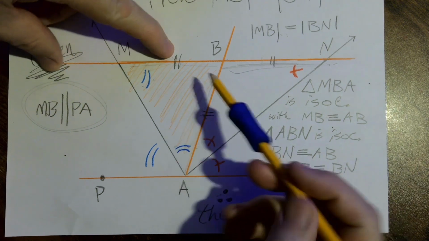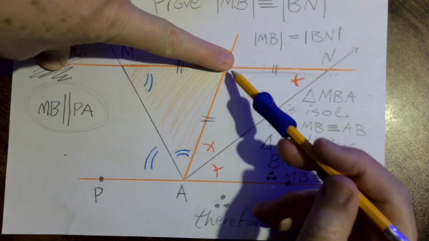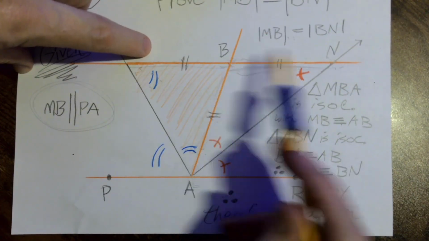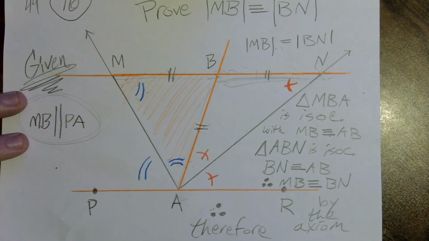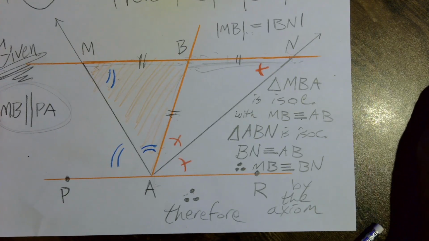All right. MB is congruent to AB, and BN is congruent to AB. So therefore, MB and BN are congruent to each other. And that's the proof. That was number 16.